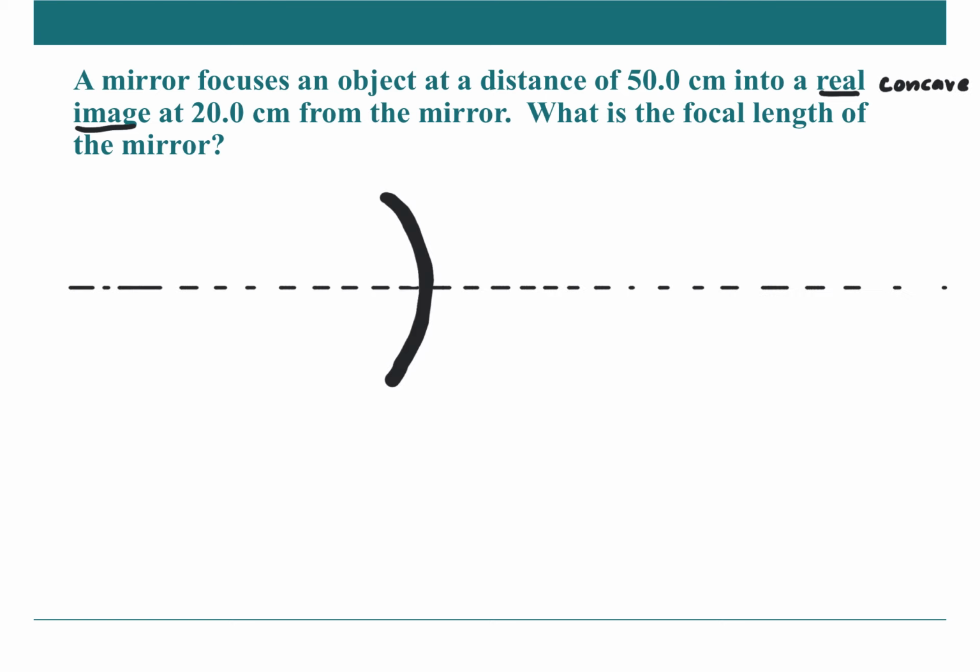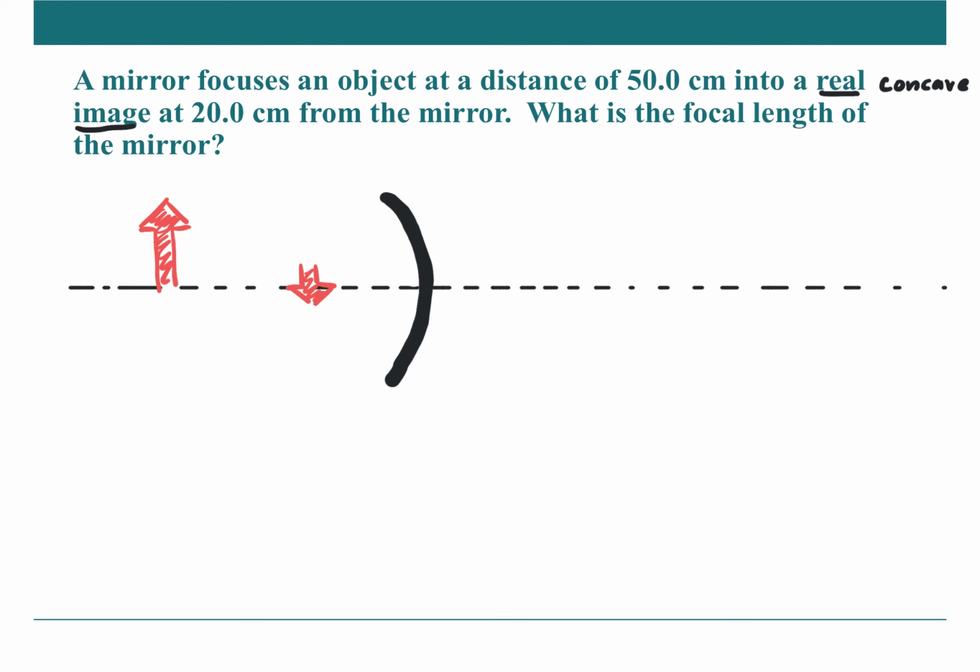This means that our mirror effectively looks like this, and an object that's placed on the same side of our mirror as its radius of curvature can have an image that's produced that's also on this same side of the mirror. If an image of this object were located, say, right about here, then that would be consistent with a real image, one that's been projected from our mirror's surface.